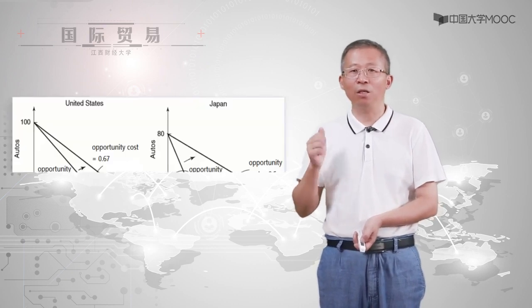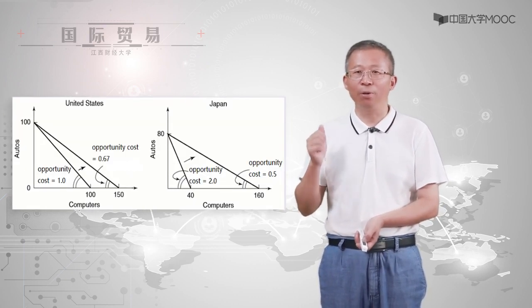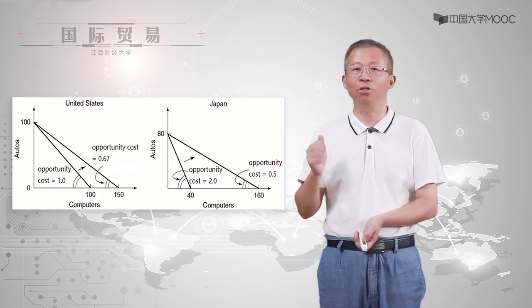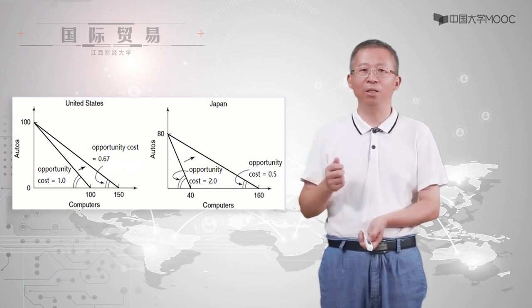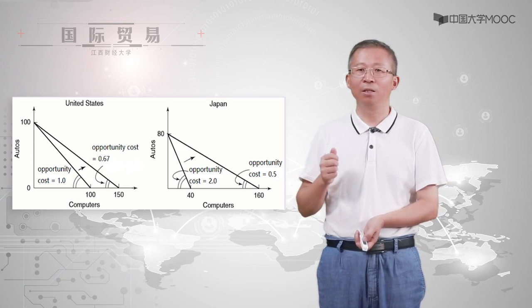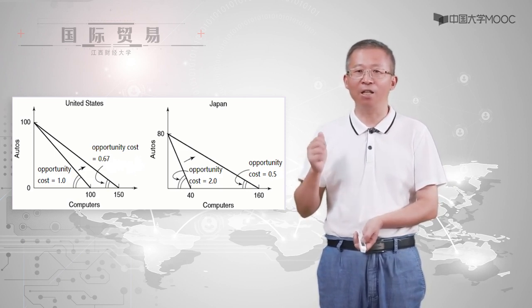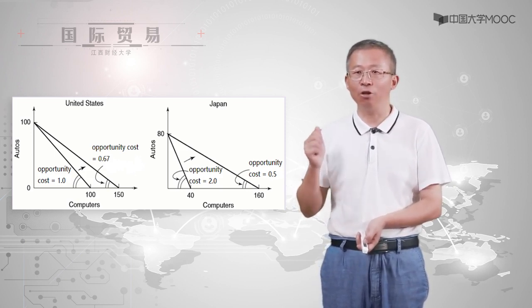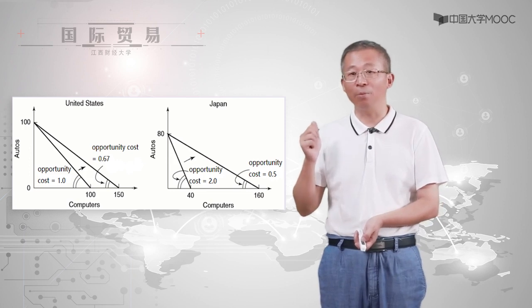Let us see how changing comparative advantage relates to our trade model. Figure 2 illustrates the production possibility schedules for computers and automobiles of the United States and Japan and the conditions of constant opportunity cost.